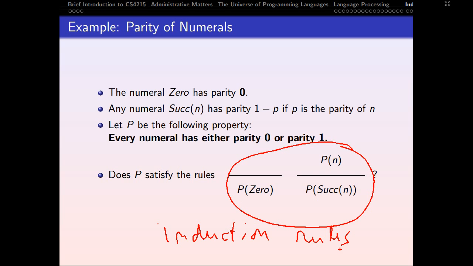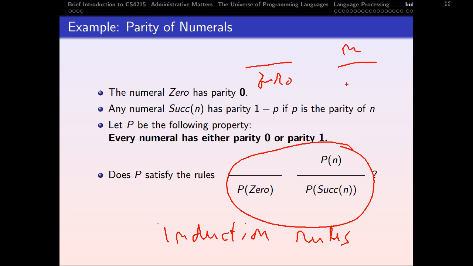These come from the inductive definitions of numerals, which were 0 and then successor of n, right?